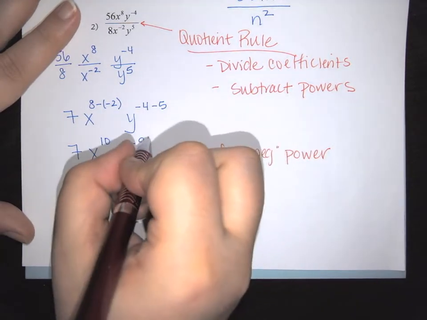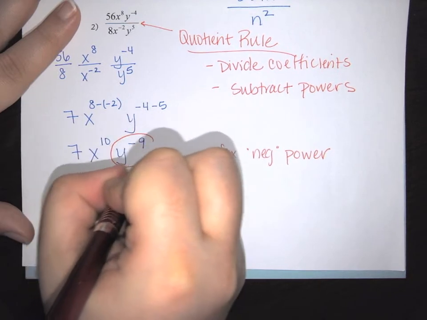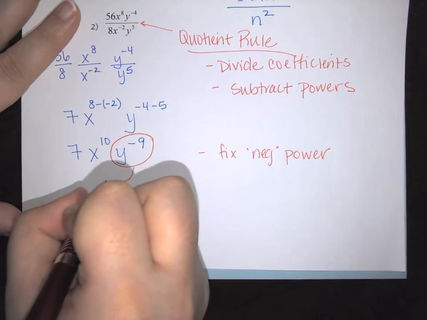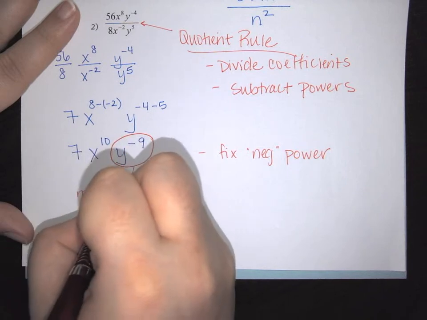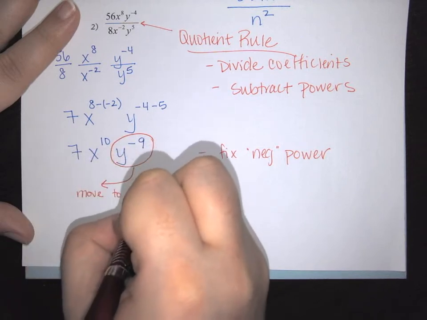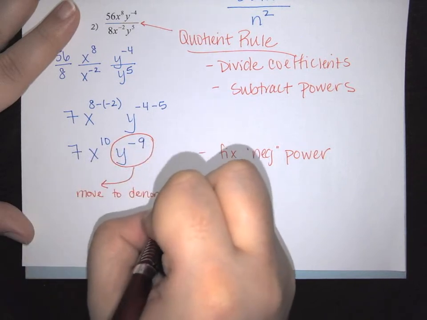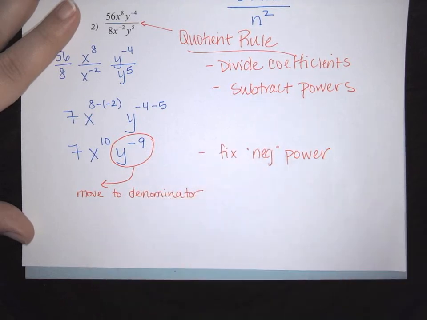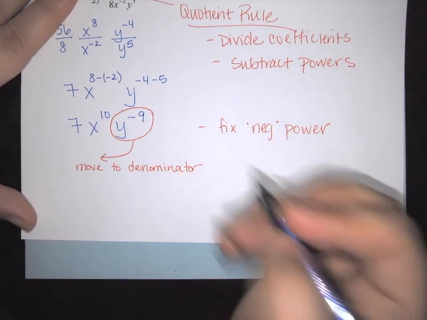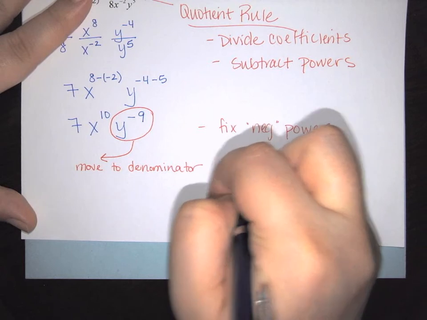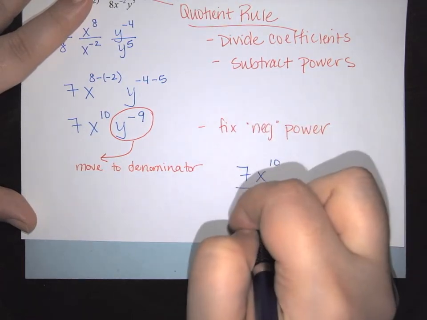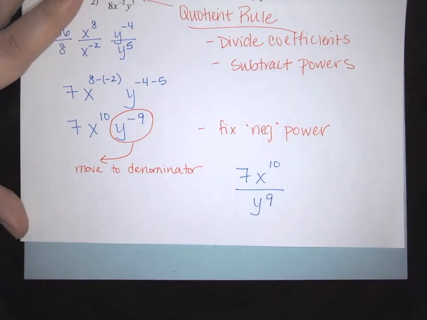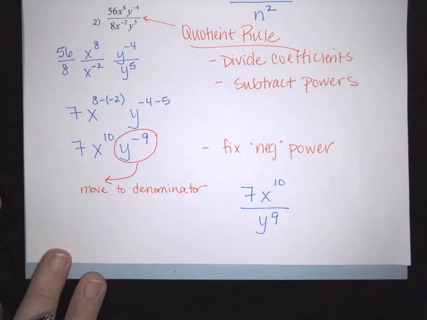And so what that means is this y to the negative 9 is going to be the one that now is going to move to the denominator. So here I'm going to be left with 7x to the 10th in the numerator and y to the 9th in the denominator.